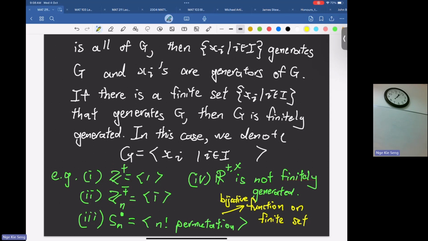from this generator. But in a vector space, you have two properties to play with. One is scalar multiplication, one is vector addition, which is the law of composition in this case. But here, we only have the law of composition. We don't have scalar multiplication. So a group is a little bit more restrictive.